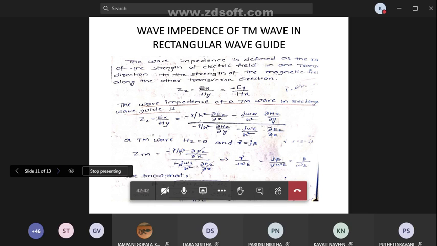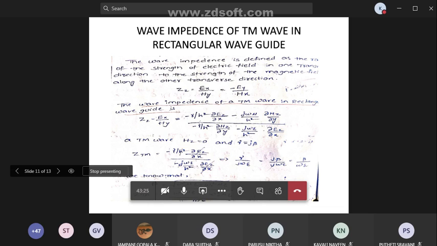Next we will see the wave impedance of TM and TE waves in rectangular waveguides. The wave impedance is defined as the ratio of the strength of the electric field in one transverse direction to the strength of the magnetic field along the other transverse direction.